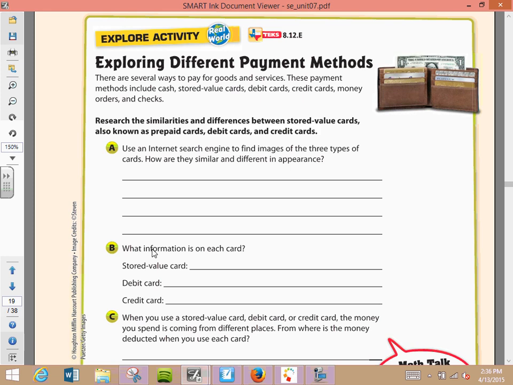Let's say, for example, I have $100 left on my account, and I pay for $110. It'll be -10, and they'll penalize me for using the card when they didn't have enough money. That's called an overdraft fee, and every bank has that.